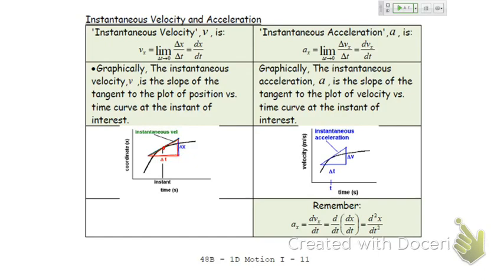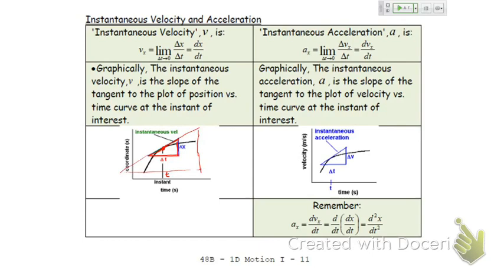So you pick a point there, there's your delta t that you're interested in, there's your t, and you draw a tangent to this graph, and then we have a displacement for a given time. If I do a bigger triangle, I get a bigger displacement, but I get a bigger time, and the ratio stays the same because it's a similar triangle.